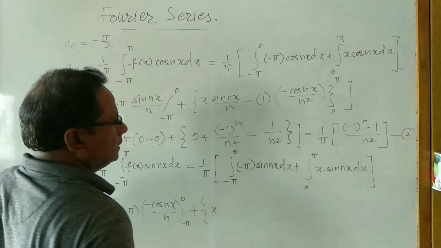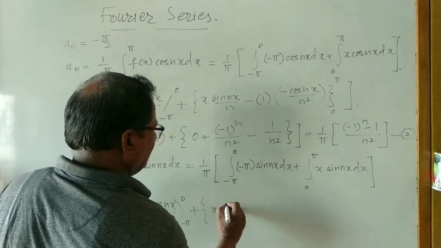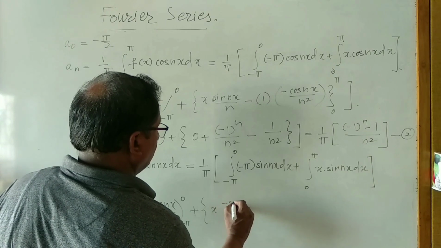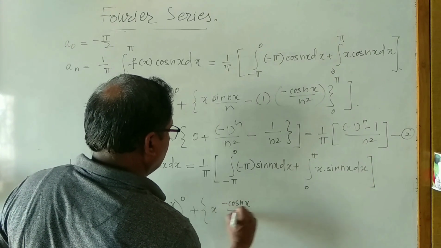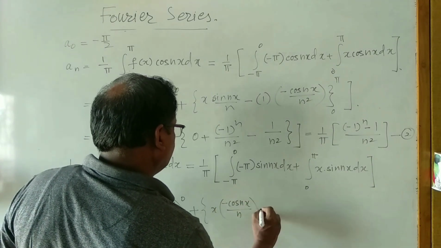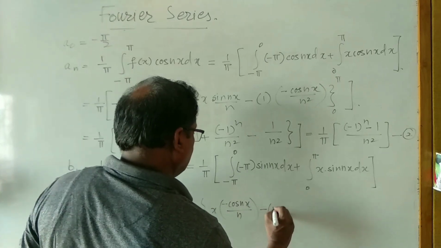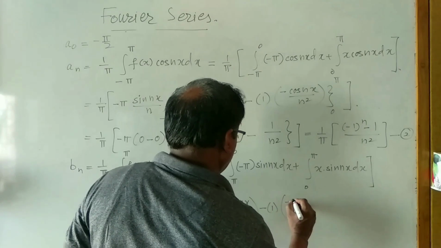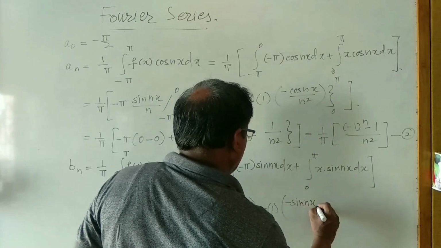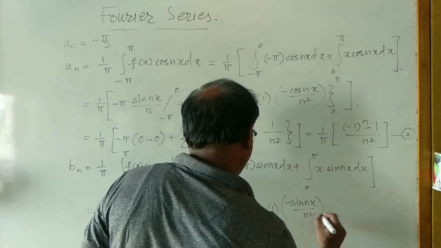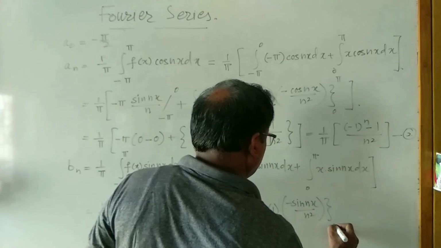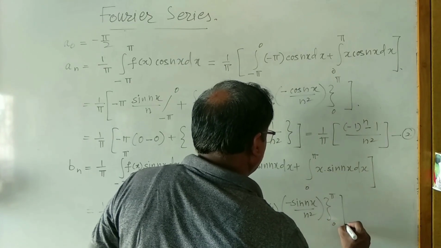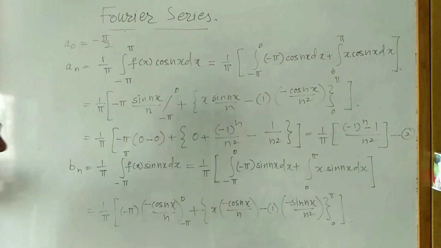First function x, integral of sin nx is minus of cos nx upon n, minus integral of derivative of x which is 1, again integral of this bracket is minus of sin nx upon n square, within the limit 0 to pi. Put the limits and simplify.